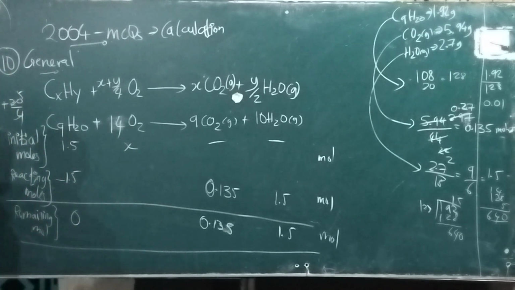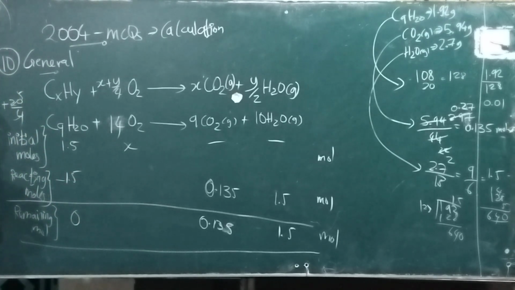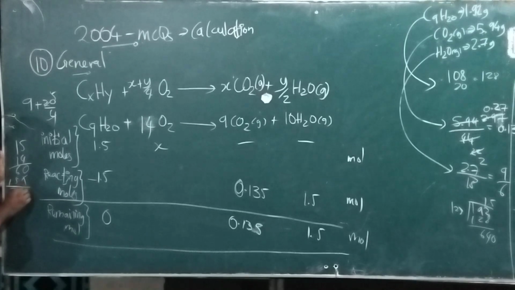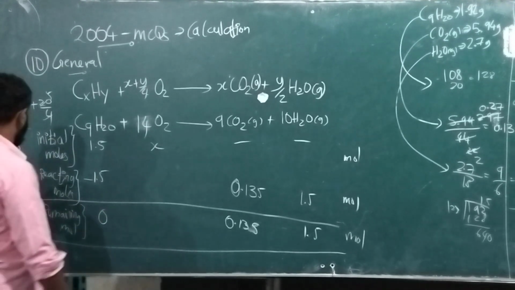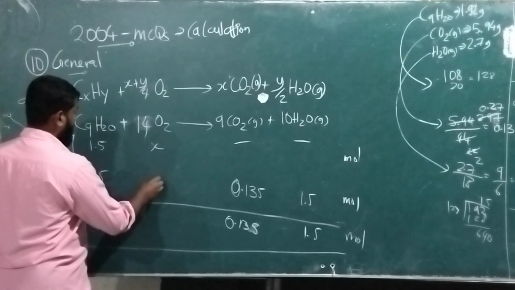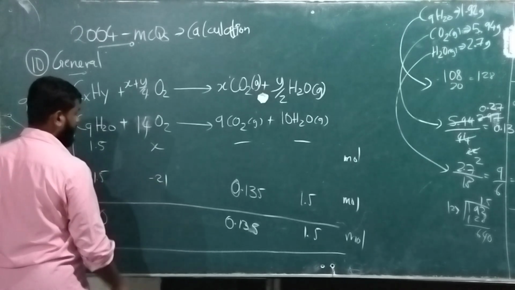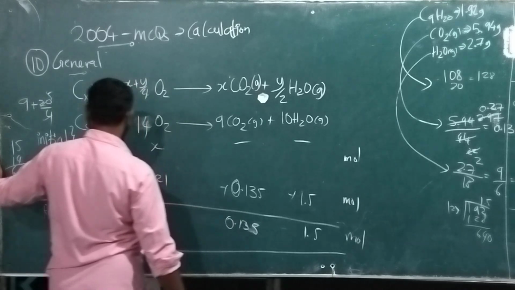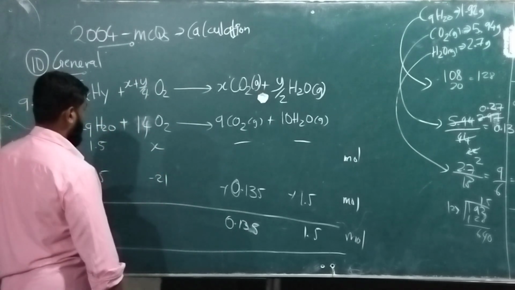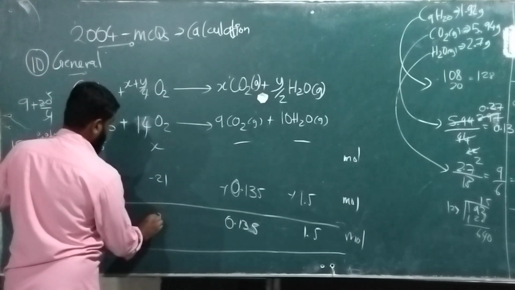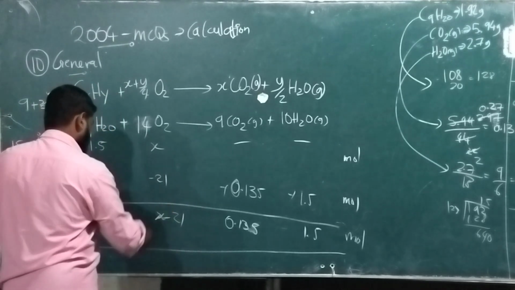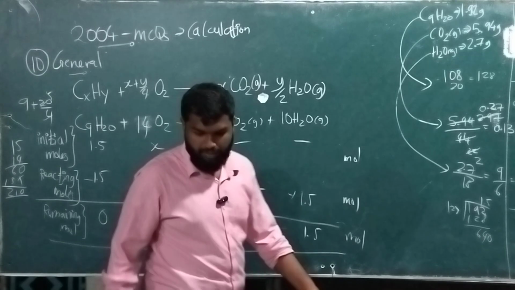So here you will get 1.5 into 14, so 15 into 14, you will get 210, so minus 21. And here plus, here also plus 9. So you get x minus 21. There is something going on here.